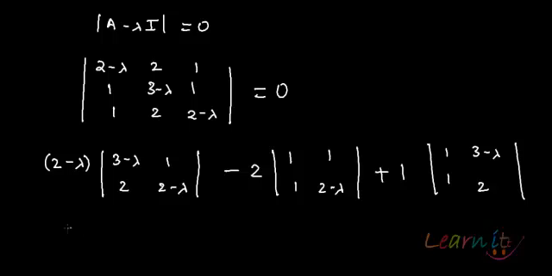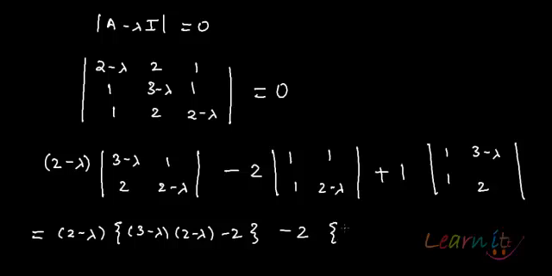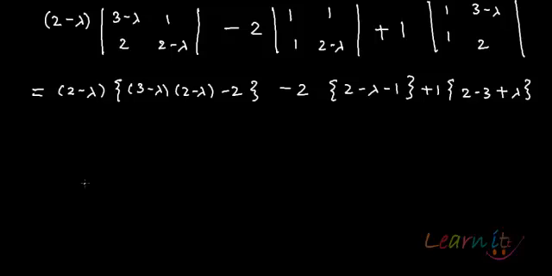So this equals 2 minus lambda into 3 minus lambda, 2 minus lambda, minus 2, minus 2 into 2 minus lambda minus 1, plus 1 into 2 minus 3 plus lambda this time. Okay. And if you open it up, what will we get?